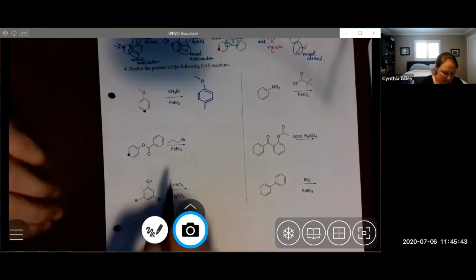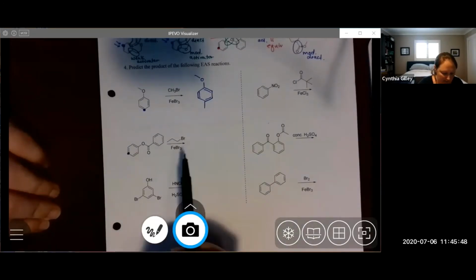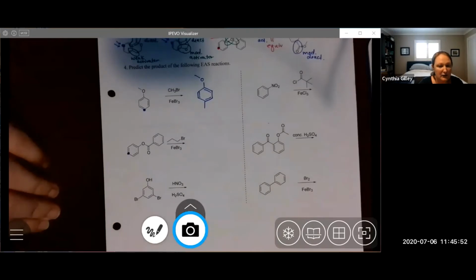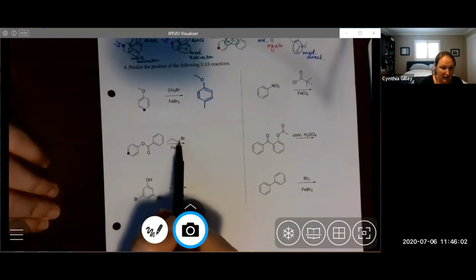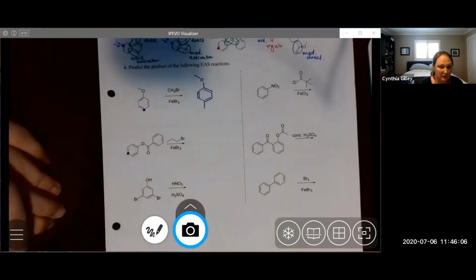This is also a Friedel-Crafts alkylation reaction, but remember, if you get longer than 2 carbons, then there's always a rearrangement. You can add methyl or ethyl, no rearrangement. But if it's a primary group longer than 2 carbons, so propyl or longer, then it will rearrange.